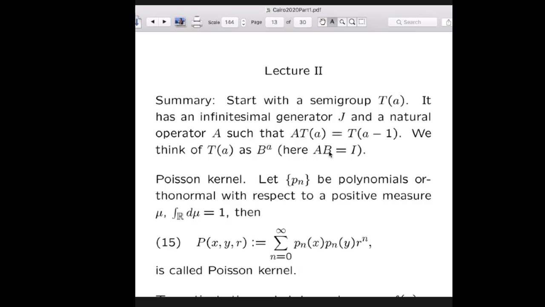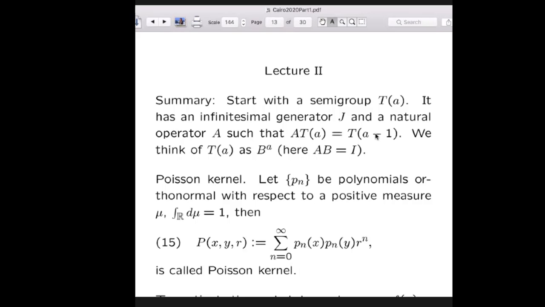Okay. So if we go back to the fractional calculus, we start with the differentiation. Then we have this semigroup, say Riemann-Liouville fractional integrals. This property is satisfied. A here is the derivative, so B here will be the integral. So this will be the fractional integral of order alpha. Again, I start with the operator.